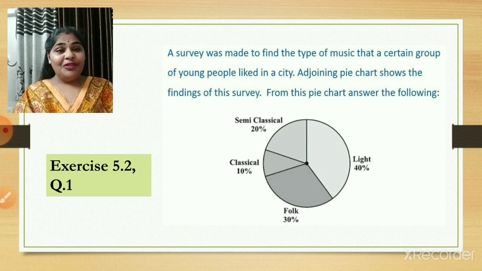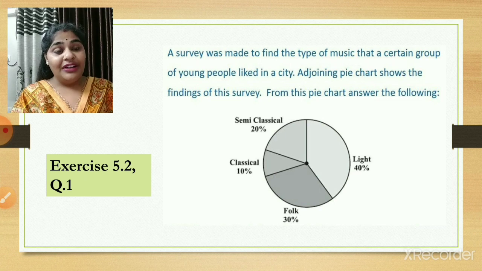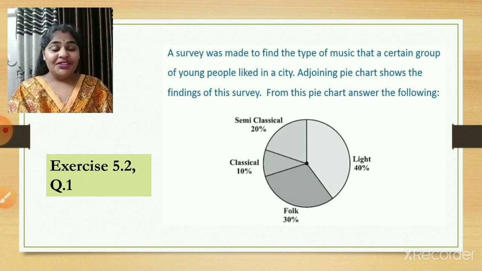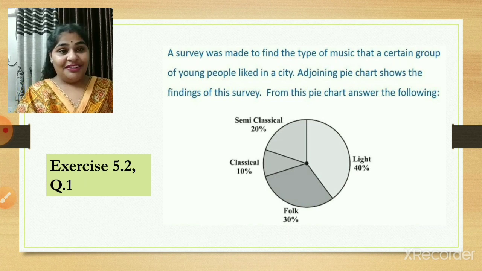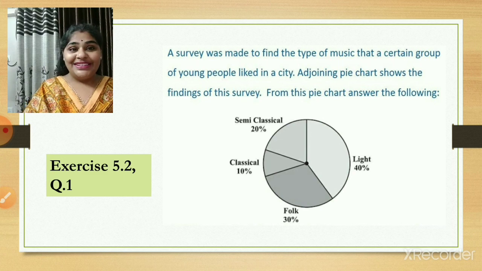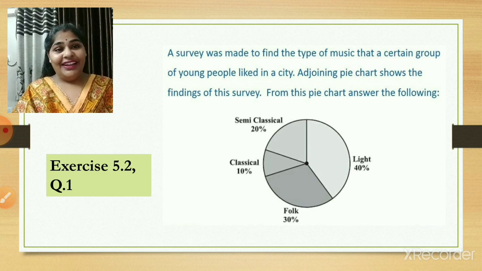A survey was made to find the type of music that a certain group of young people liked in a city. The adjoining pie chart shows the findings of this survey. From this pie chart, answer the following. So you can see here a survey was done, and the type of music young people liked is given and the percentage is given.